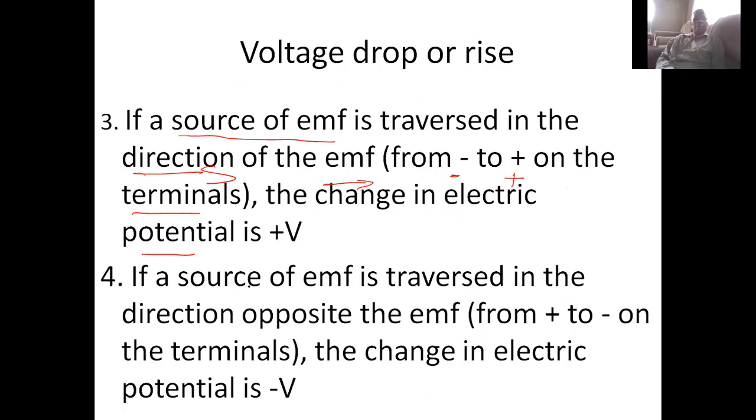However, if a source of EMF is traversed in the direction opposite the EMF, that is from positive to negative on the terminals of the battery, the change in electric potential would be negative.